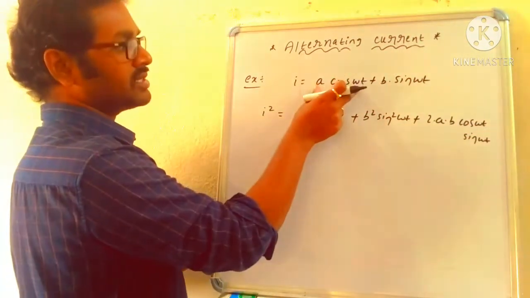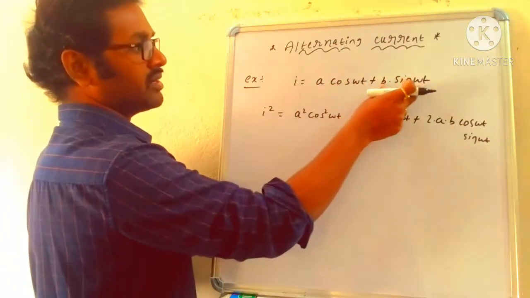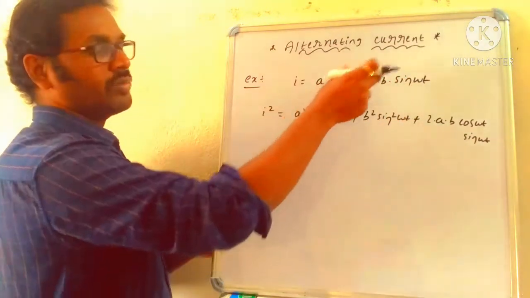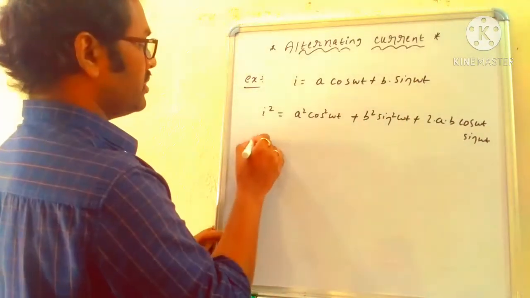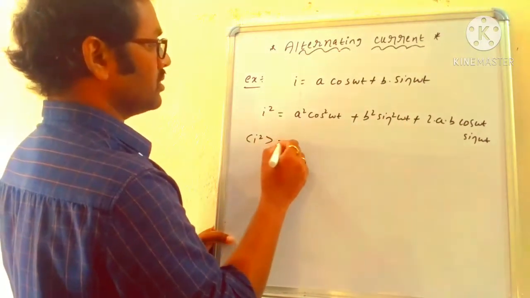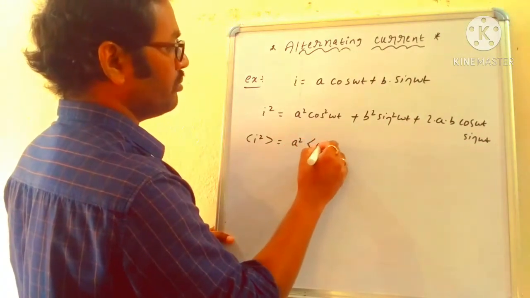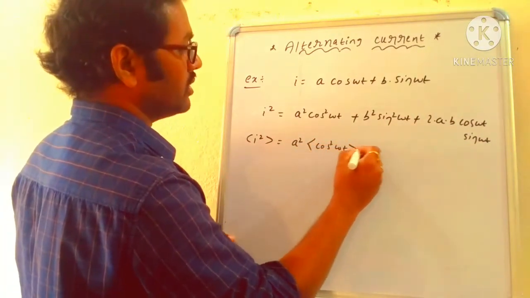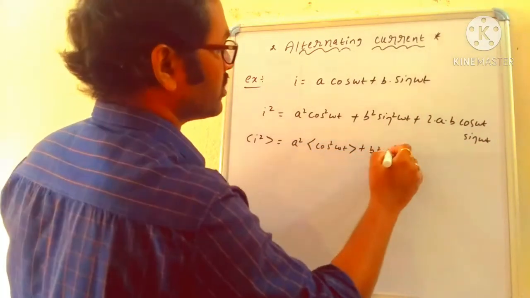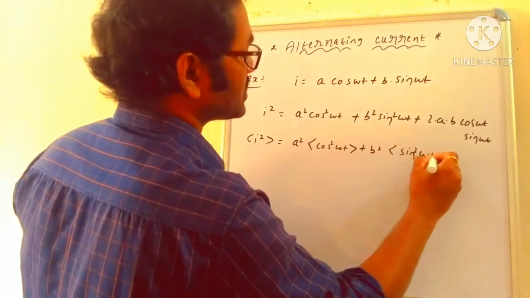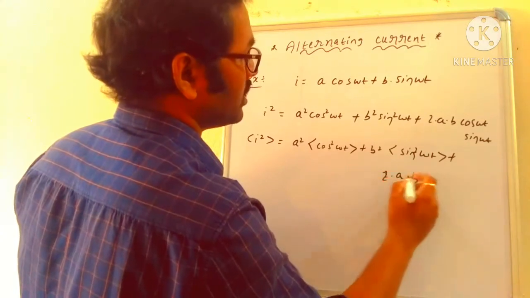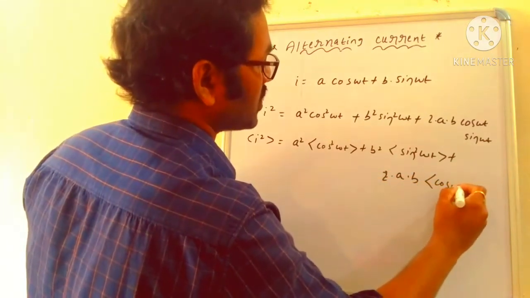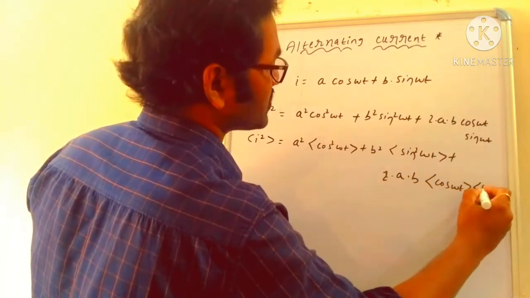Now take the average of this: a square into the mean of cos square omega t, plus b square into the mean of sin square omega t, plus 2 into a into b into the mean of cos omega t sin omega t.